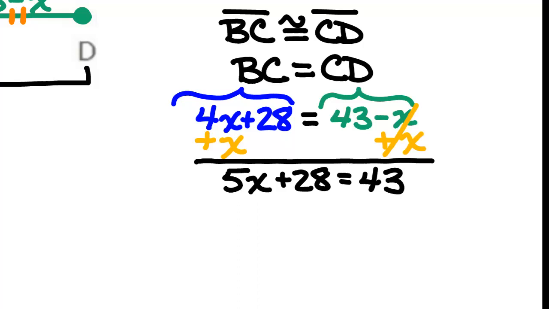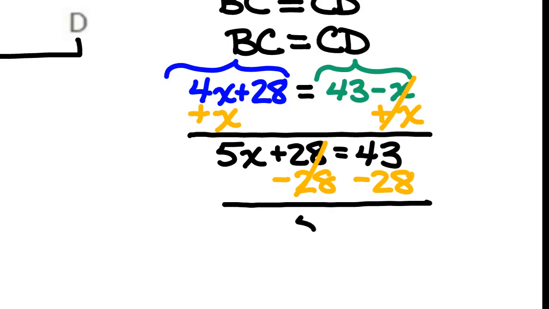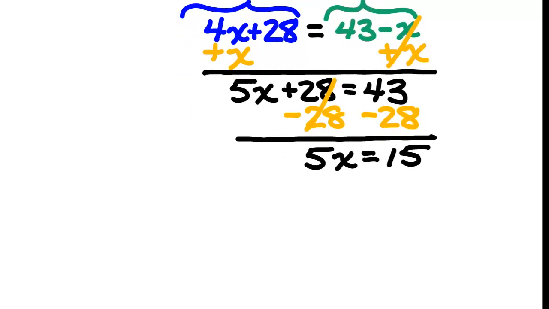What next? Subtract 28 from both sides. What is 43 minus 28? 15. If 5x is 15, how big is x? X is 3. We're going to divide both sides by 5. We get that x is 3.